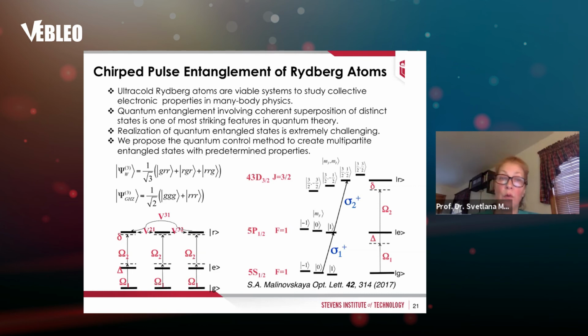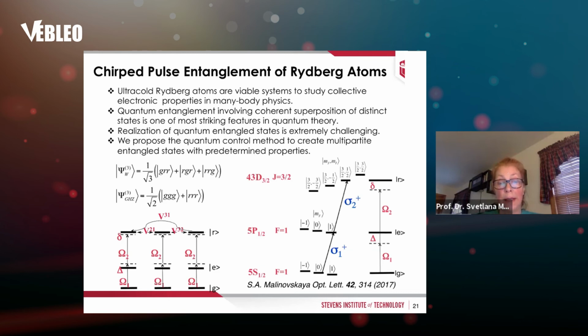So we propose a quantum control methodology to create multi-particle, or multipartite, in other words, entangled states with predetermined properties. Particularly, we look at the so-called W state and Greenberger-Horne-Zeilinger states, GHZ state. They are shown for the 3 atomic case on the left side of the slide.